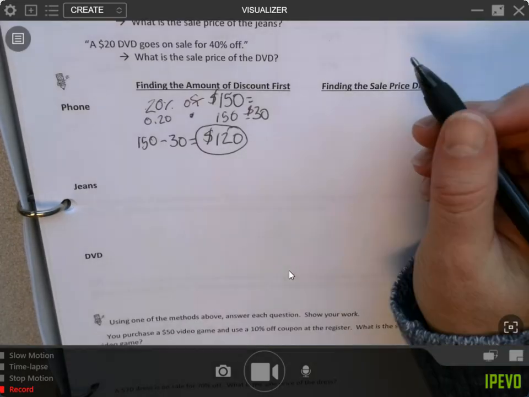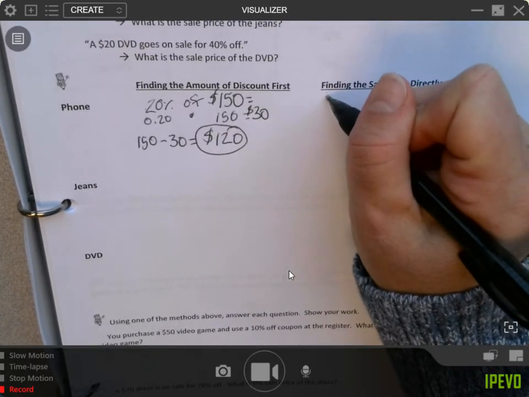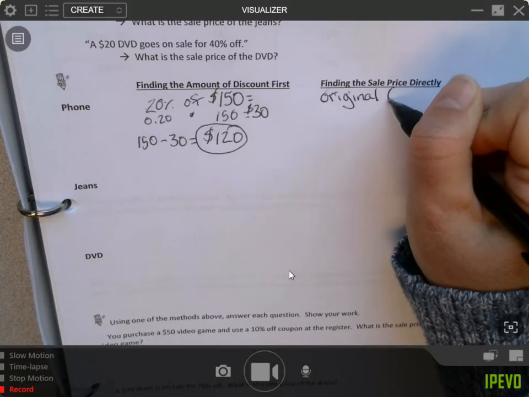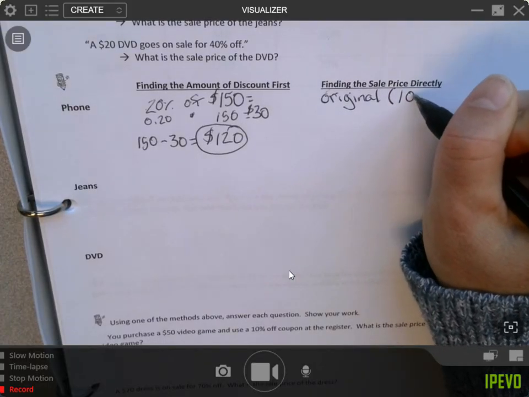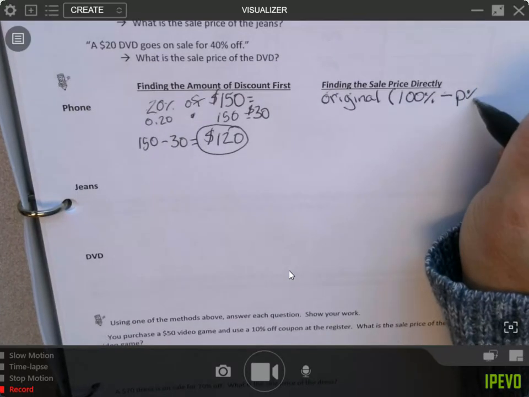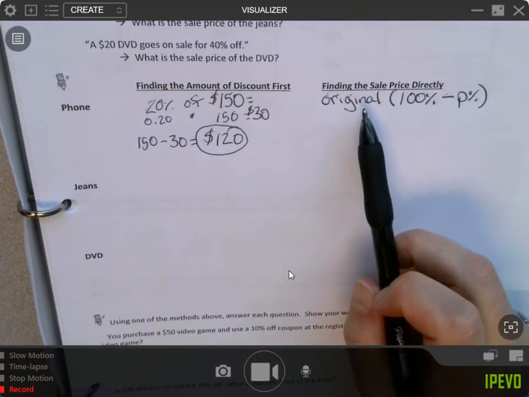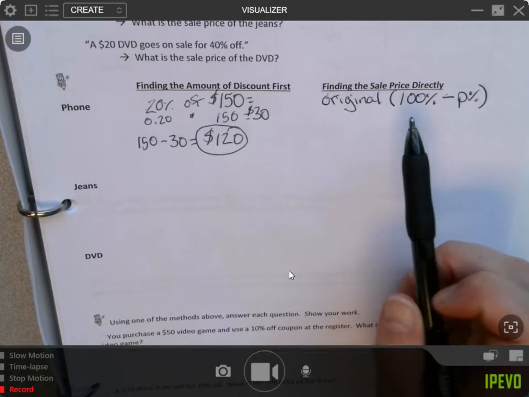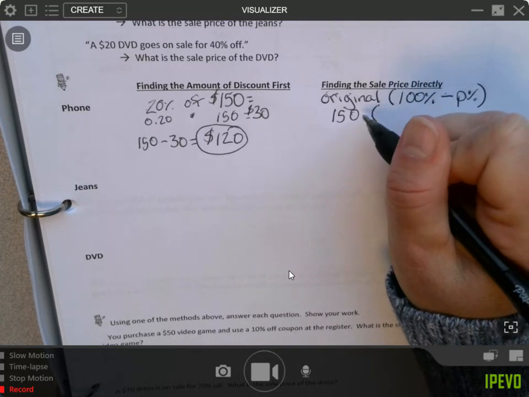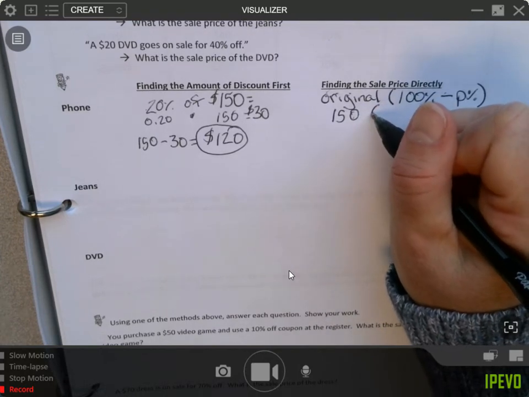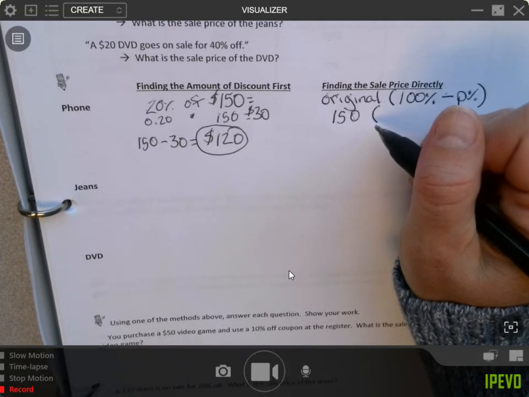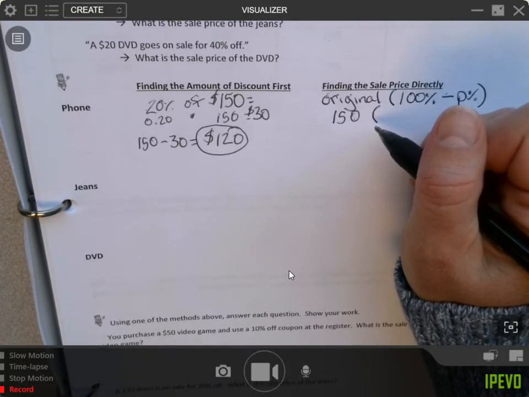Now finding the sale price directly, there's a little formula we're going to use. We say original times, in parentheses, 100% minus the percent of the discount. So what that means is we have that 150 is our original price. When there's a number right next to the parentheses, anybody know what operation that is? If there's a number right next to it, what do you think, James?